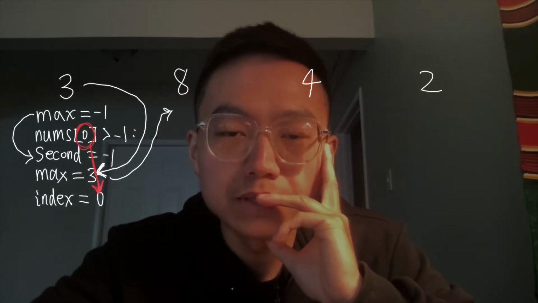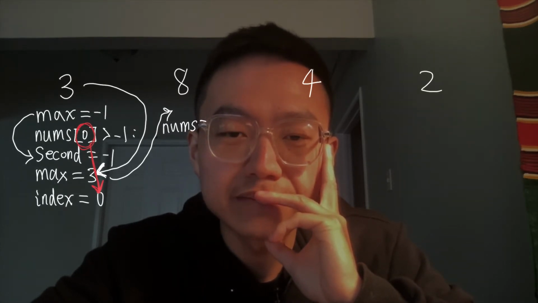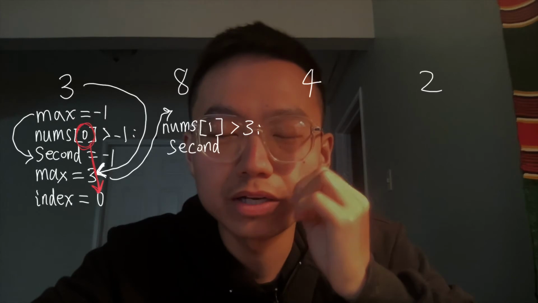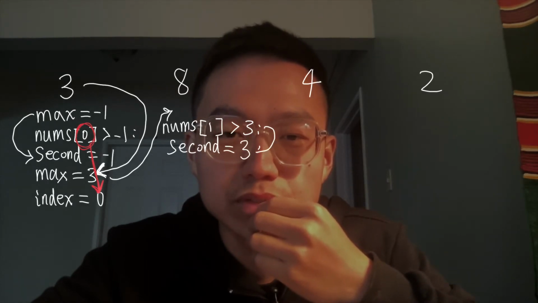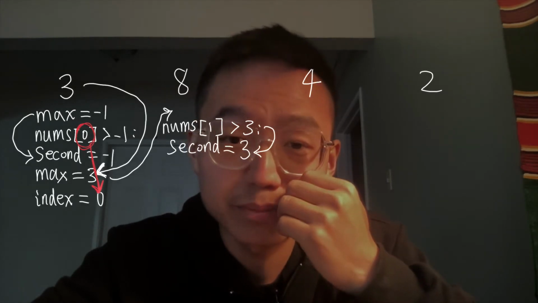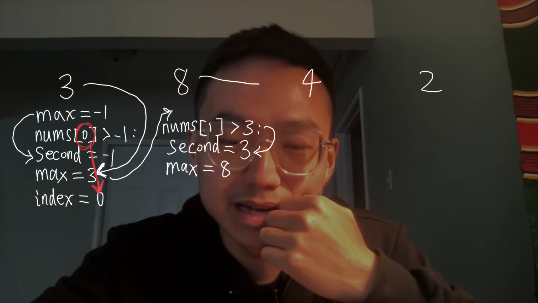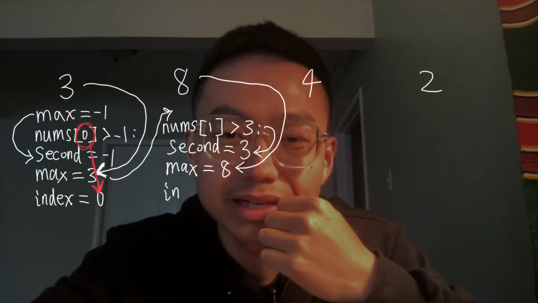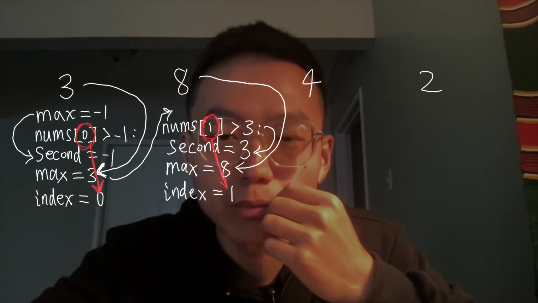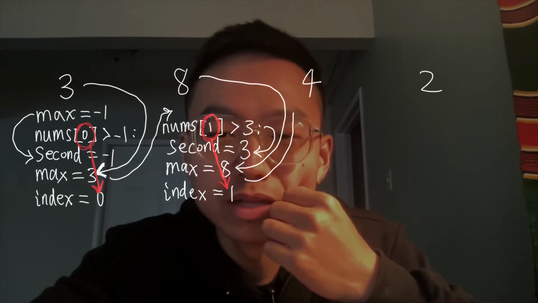The second element is bigger than the 3. So the second variable gets the smaller element, which is 3, and the max gets the biggest number, which is 8. So we record the biggest index, which is 1, and we keep moving on.